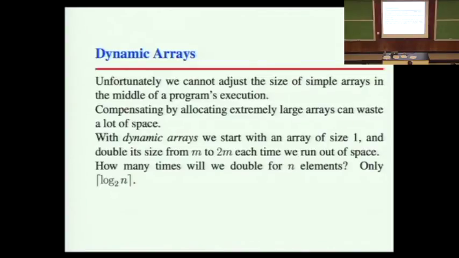Well, you can't do more than n. So one way to give a rough upper bound is to say, all right, this is the height, how many times am I doing this? It's log n. And at any step, the worst I could do would be to copy n things. So I get an upper bound of order n log n.